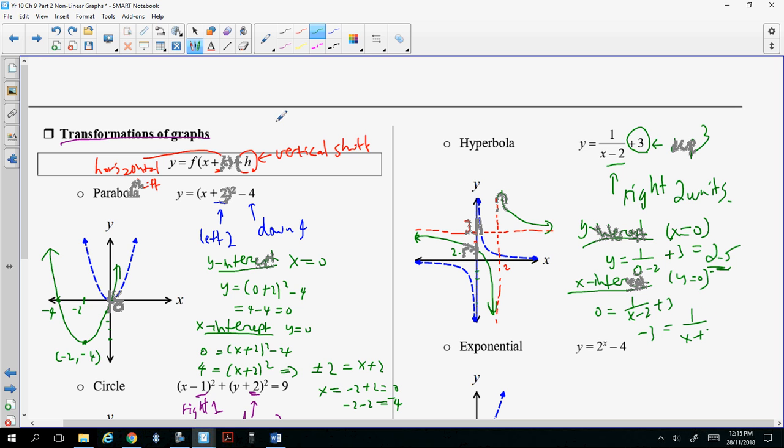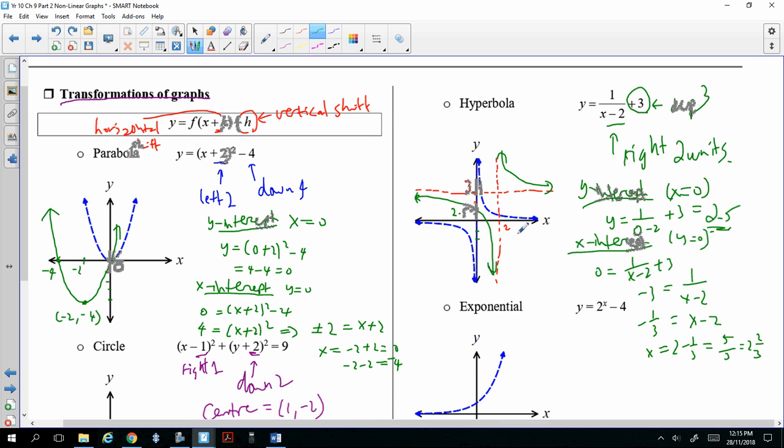X minus 2, so we get -1/3 equal to x minus 2, and then x equal to 2 minus 1/3, which is equal to 5 over 3, which is 1 and 2/3. Oh, hang on. 1 and 2/3. Okay, so we've got this x and y-intercept labeled.